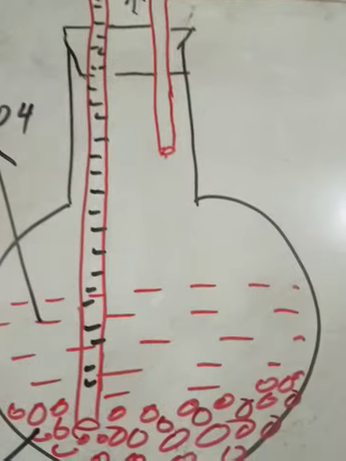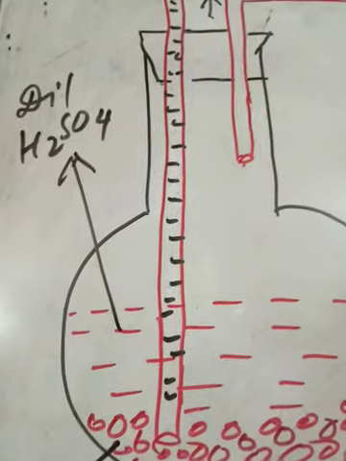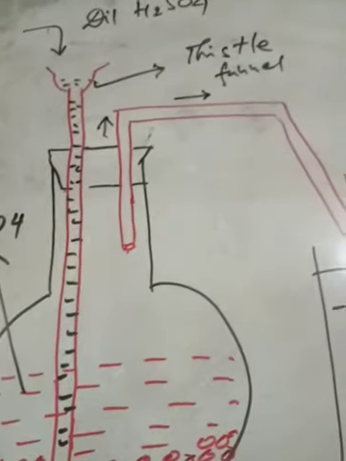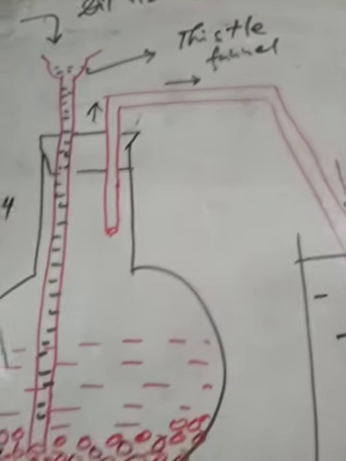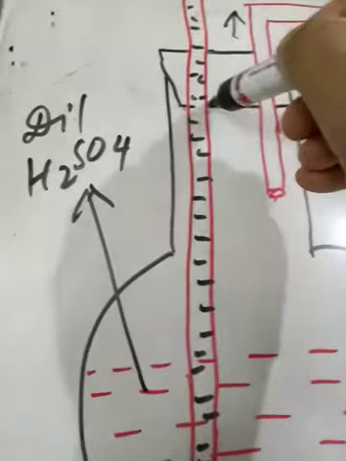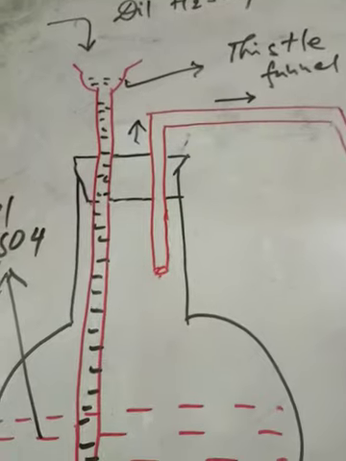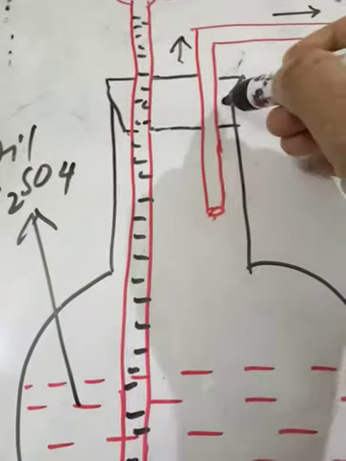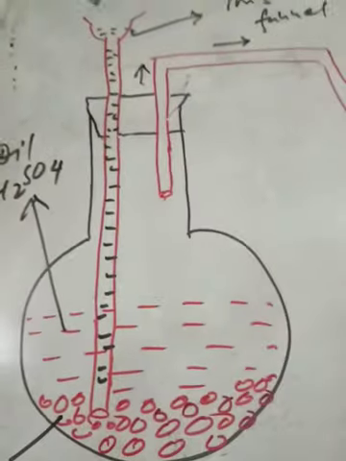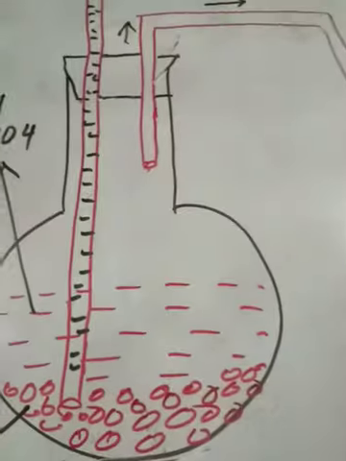Nitric acid cannot be used, because, as I told in the earlier class, nitric acid, either in dilute or concentrated condition, is a strong oxidizing agent. The setup must be purely airtight, so that no air can pass through it, because if hydrogen comes in contact with air, there may be an explosion.